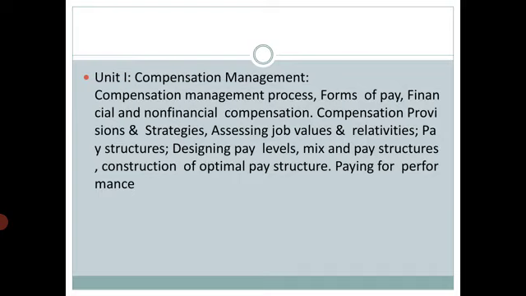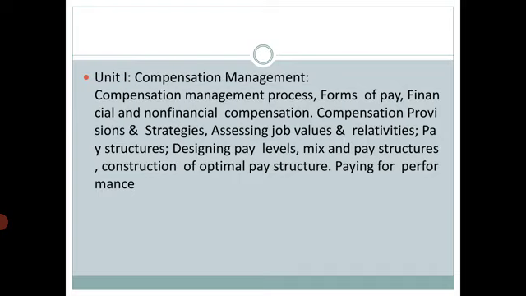In an organization, we pay a reward to the employee after the task is completed.